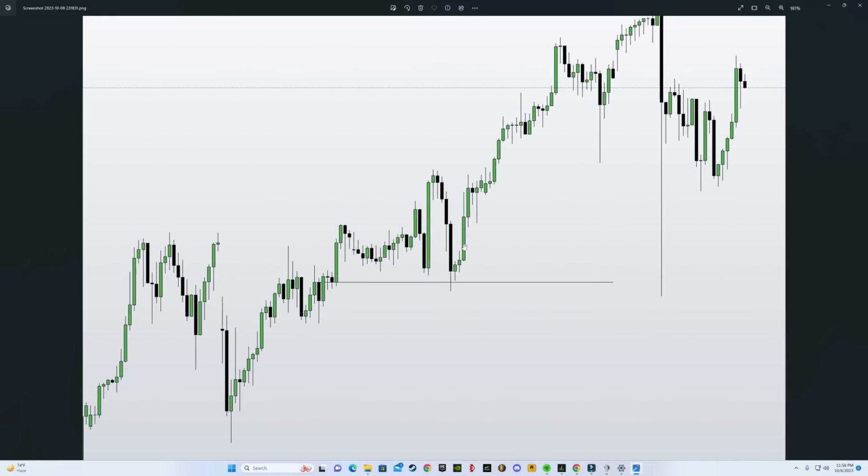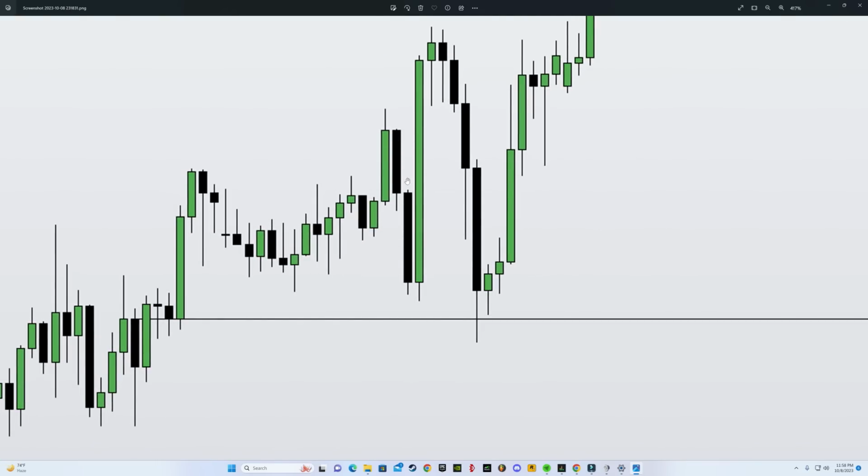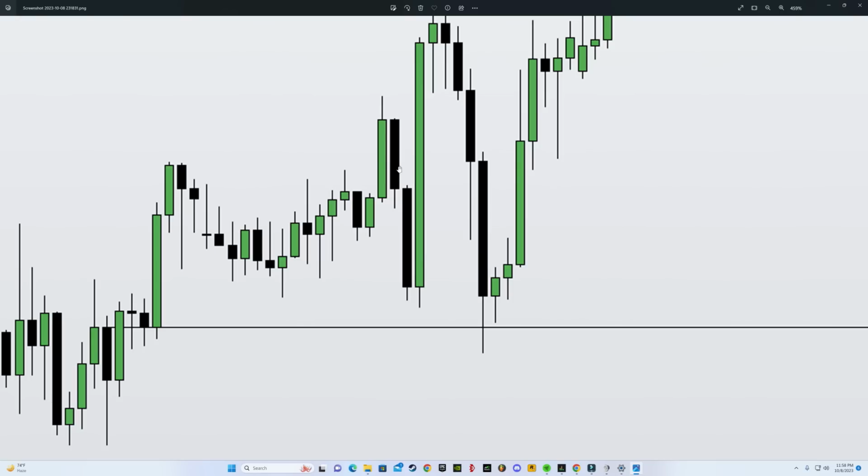Another key thing to note, so when you are on the higher time frame, the original definition of an order block is consecutive bearish candles or consecutive bullish candles that take out the liquidity, right? So over here, you can see we have consecutive bearish candles, 1, 2. When you're on the higher time frame, we have to refine the order block. So instead of using the whole order block, we would be using the last candle as our order block, right?